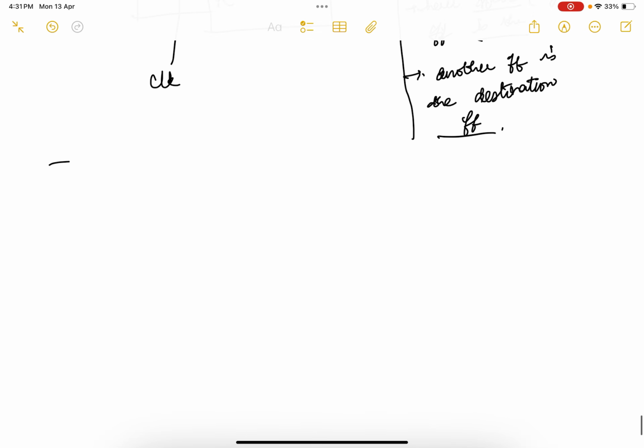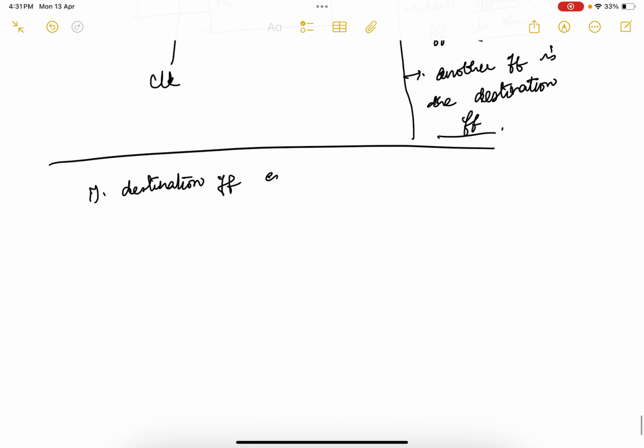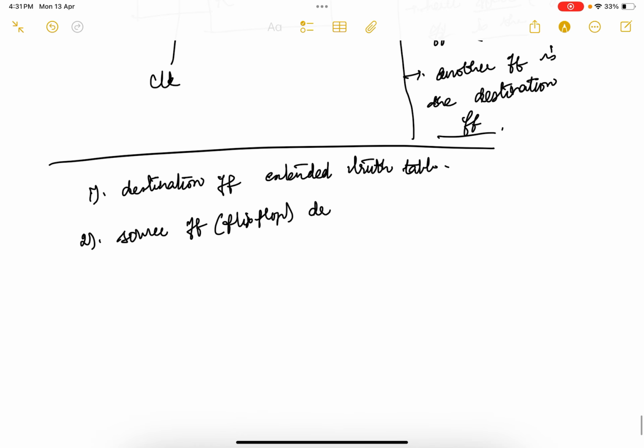So what you want to do, first thing, is take your destination flip flop extended truth table, first step.